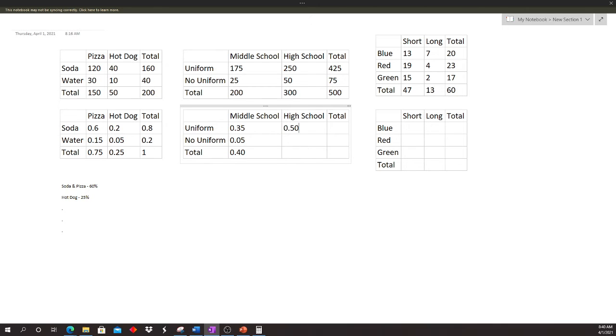So again, you can do this with a calculator, but once you divide each of those numbers, you end up with the following. Okay. So then based on that, I could ask you, what percent of people were in middle school with no uniform?